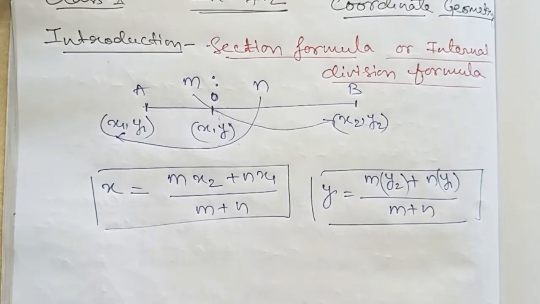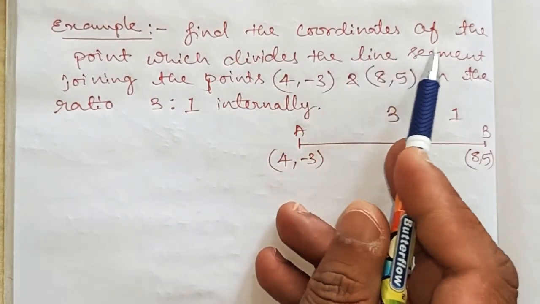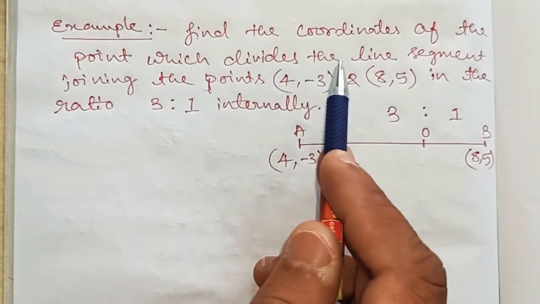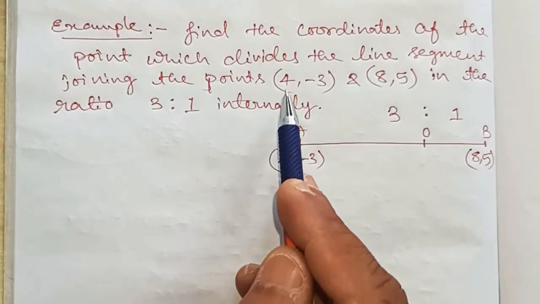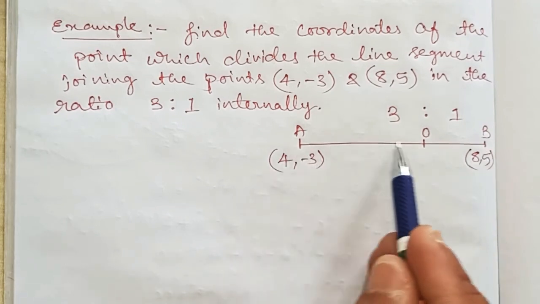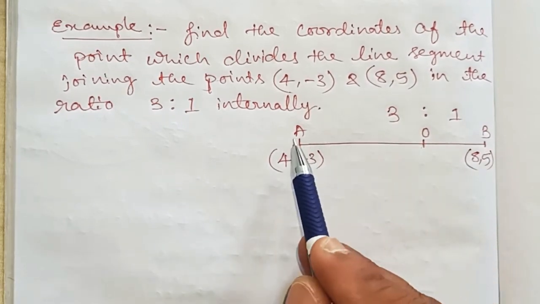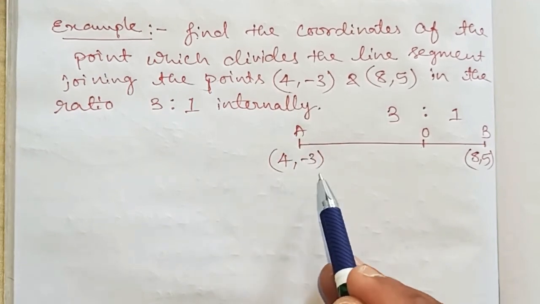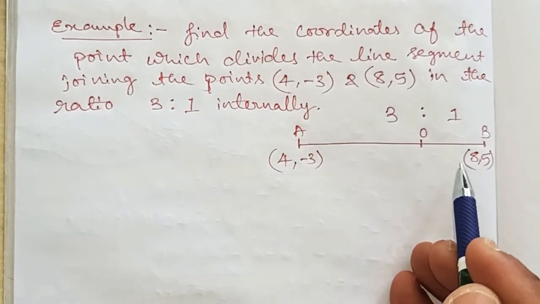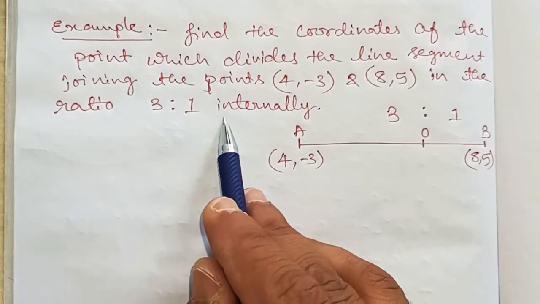So I am giving one example. The question is: find the coordinates of the point which divides the line segment joining points A and B. Suppose this is a line segment AB divided at point O, where the coordinates of A are (4, -3) and of B are (8, 5), in the ratio 3:1 internally.